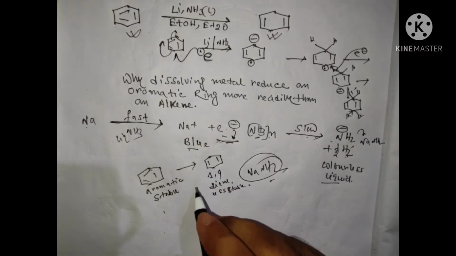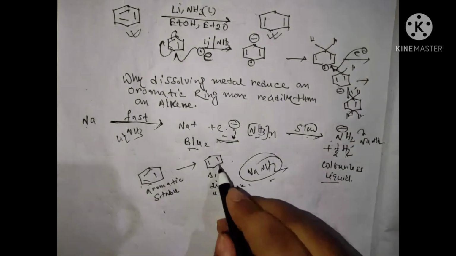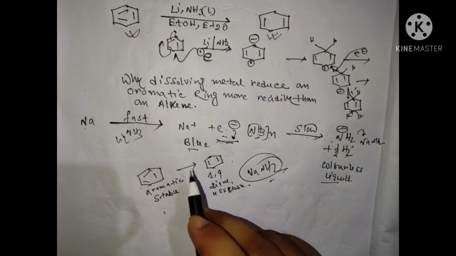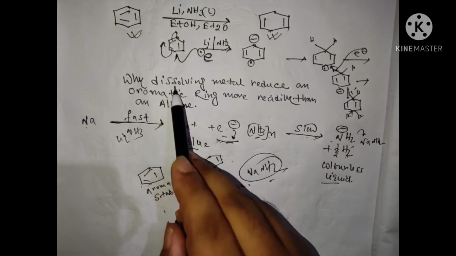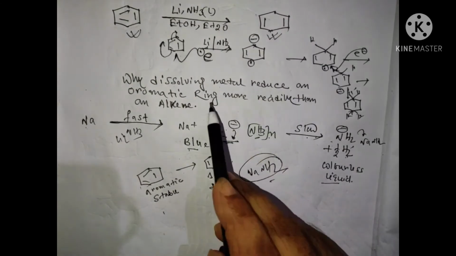So why does it go to that less stable product? This is one question. Another question is why dissolving metals like sodium in liquid ammonia or lithium in liquid ammonia can reduce the aromatic ring?